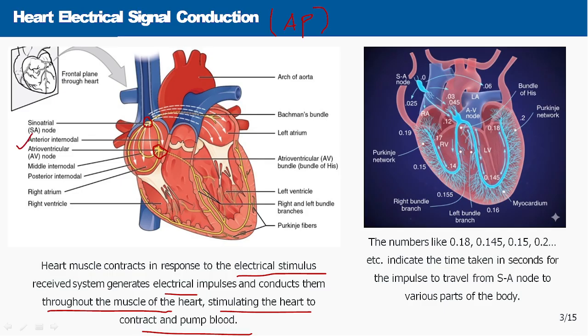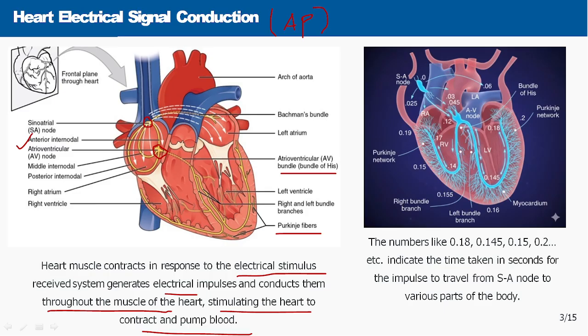This signal will again pass through this middle internodal path and then move to the ventricular part, and all over the ventricle you mark it is covered with these branches. At this part it is called the bundle of His, and it will spread all over the myocardium, which comprises the heart muscles, and all over that myocardium the signal will travel through the Purkinje fibers.